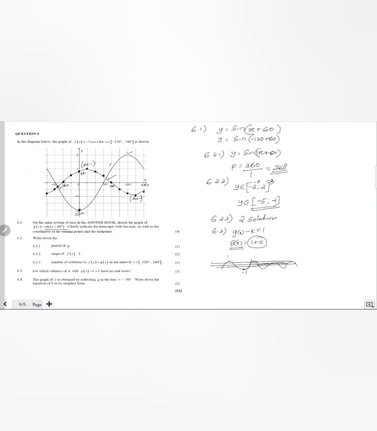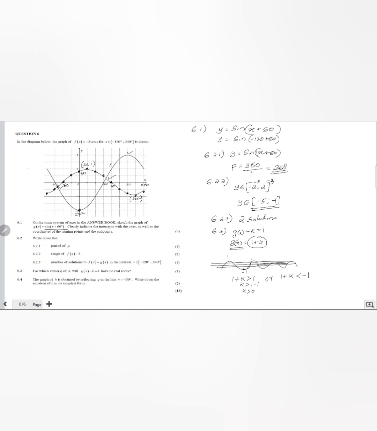If it goes above 1 or below minus 1, there is no solution, right? Which means graph is g of x, which is the same as 1 plus k. So if 1 plus k is above 1, there is no solution. So from there we can find the value of k. K greater than 1 minus 1, that is k greater than 0. Or 1 plus k less than minus 1. Below minus 1, there is no solution.